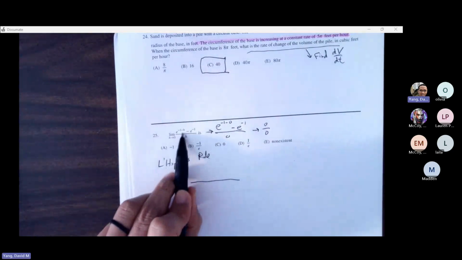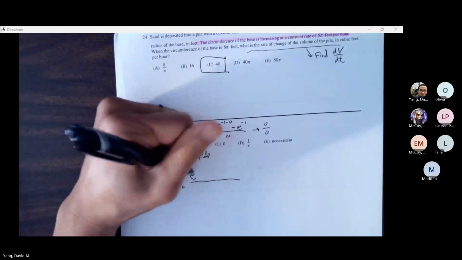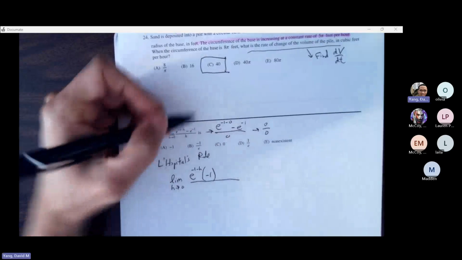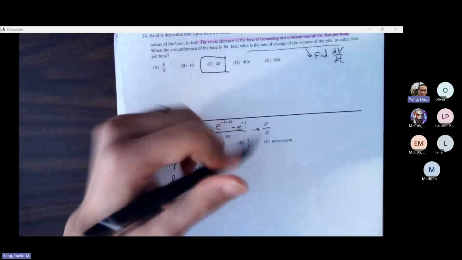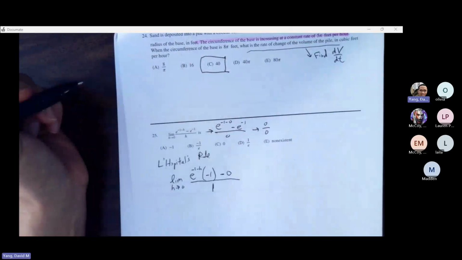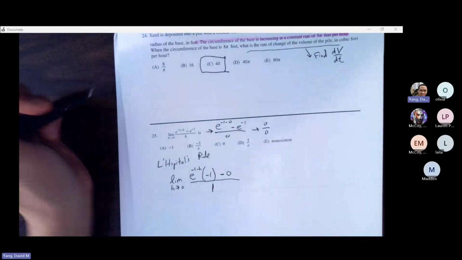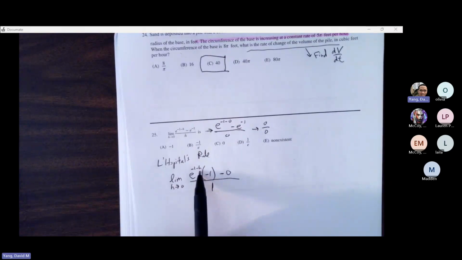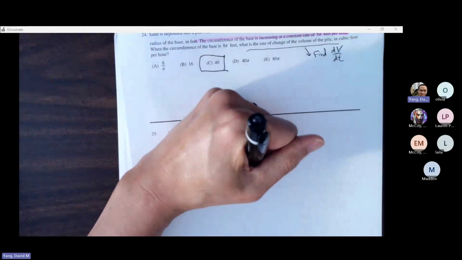So e to the u becomes e to the u times u prime. E to the negative 1, that's just a number. So that number goes away to 0. And then h becomes 1. So now that we have a derivative version of what we started with, now we can just replace all the remaining h's with 0 and see if that will get us down to a real number.